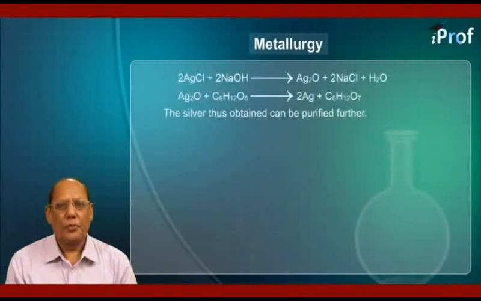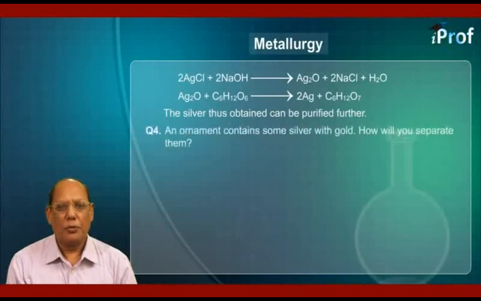So 2AgCl + 2NaOH, we get Ag2O, that is silver oxide, + 2NaCl + water. Then Ag2O + C6H12O6 react to give 2Ag + C6H12O7, which is known as gluconic acid. The silver thus obtained can be purified further.